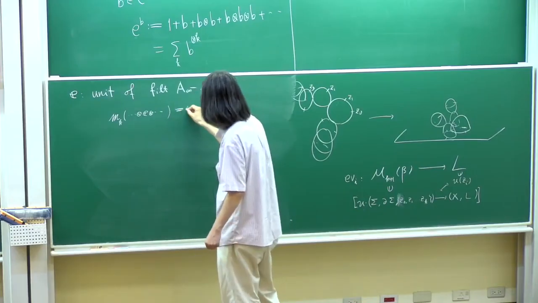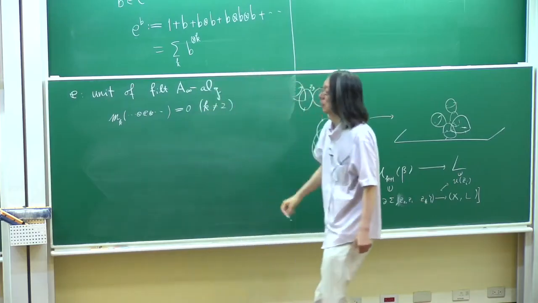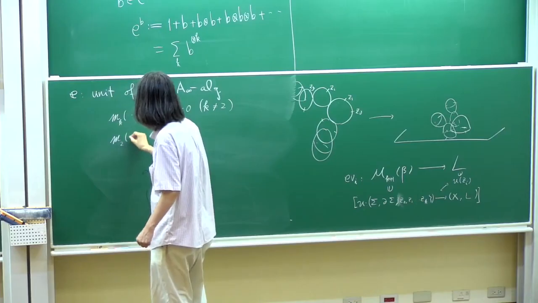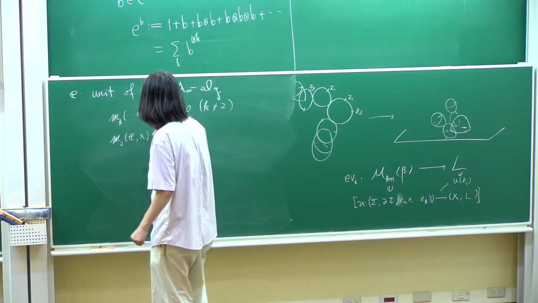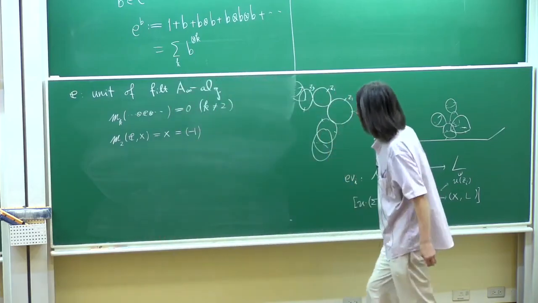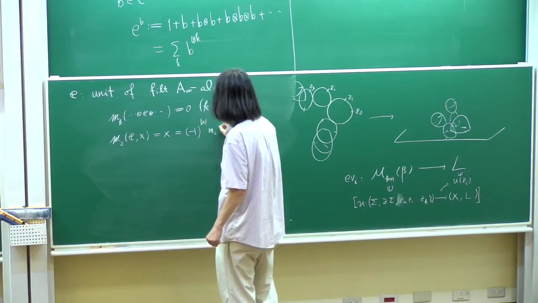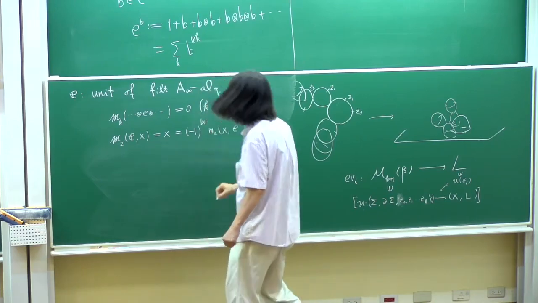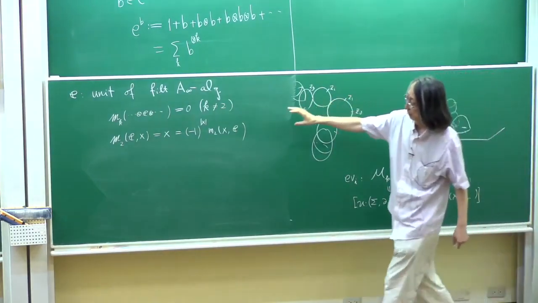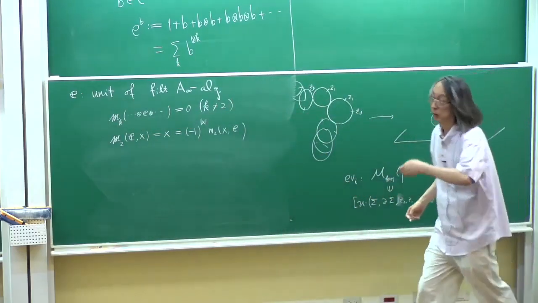This one is always 0 unless k is equal to 2. And for k equal to 2, it behaves like a multiplicative unit. Here I take degree X, and M2 of X and E. If you have such an element, then we call E the unit of the filtered infinity algebra.